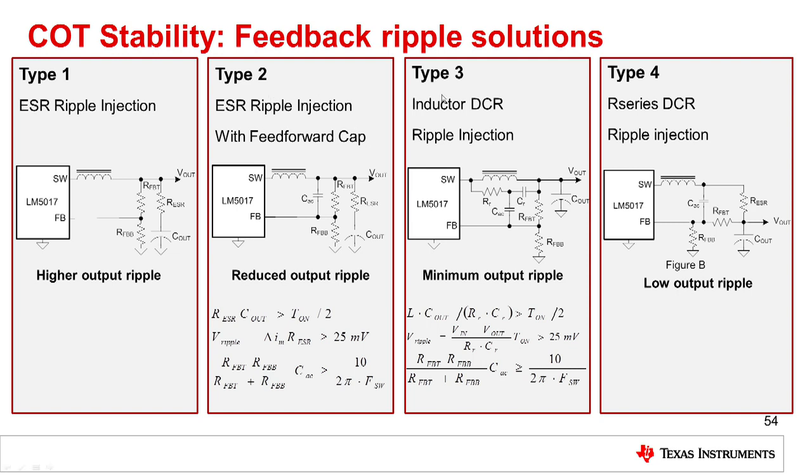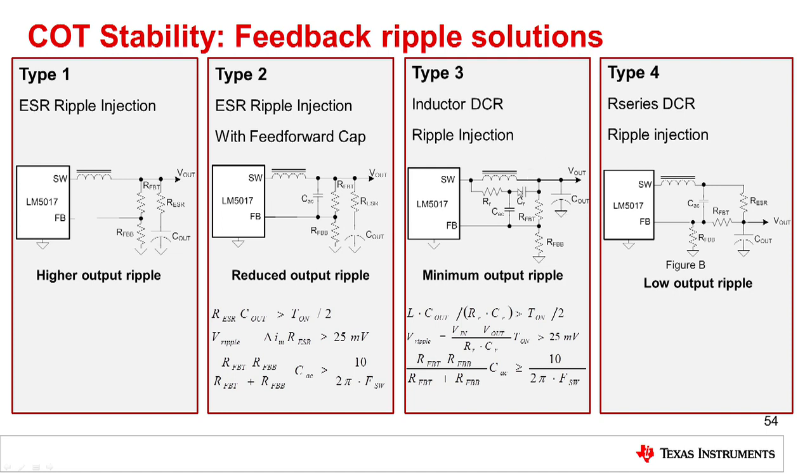However, type 2 and type 3 that we show in the center of the slide here, these are actually very good ways to help create the proper feedback ripple for our constant on-time controller. Type 2, we simply have a feed-forward capacitor across the topside resistor feeding directly into the feedback.